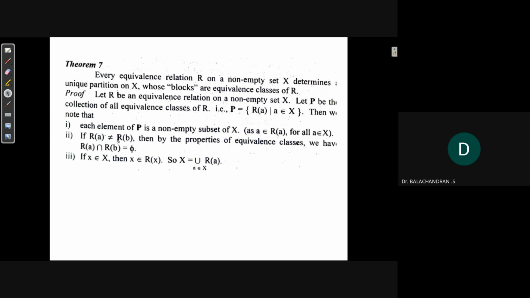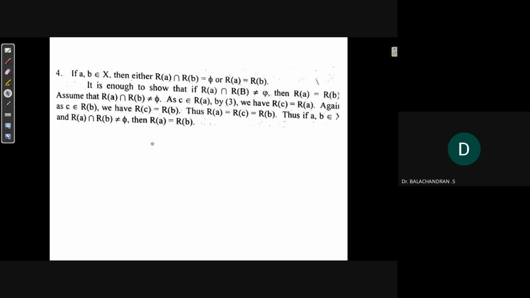Second one, if R of A is not equal to R of B, then by the last property, what is the last property? Either this is true or this is true. But in the proof, I assumed this is not true, that's why I proved this is true.